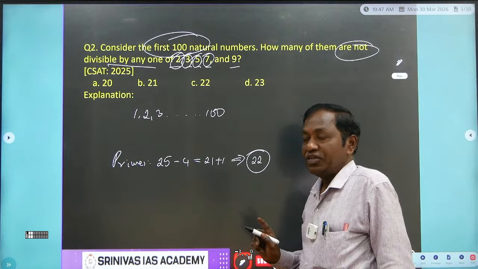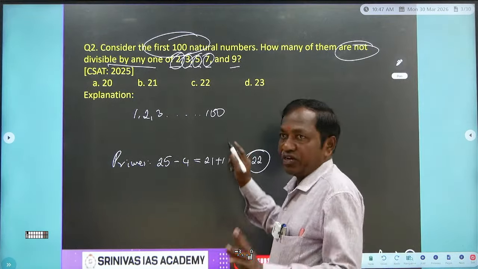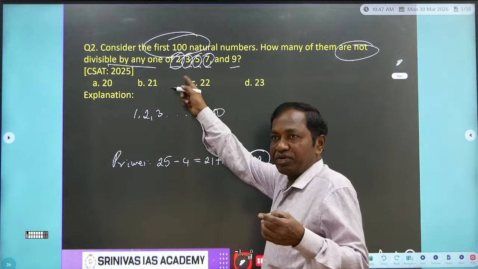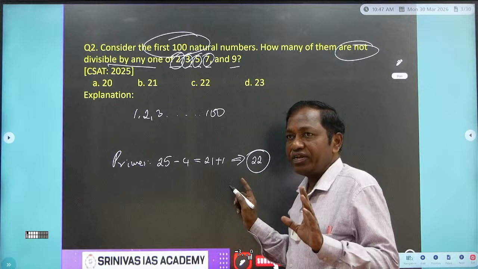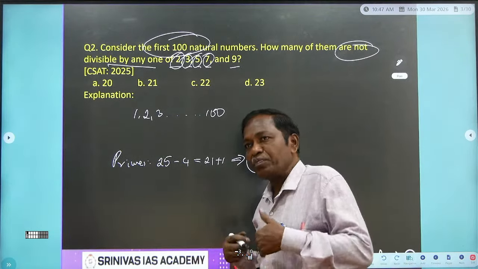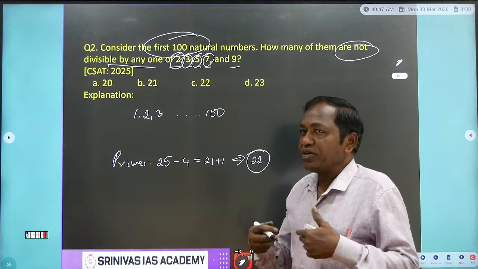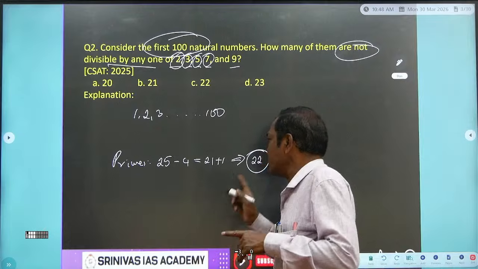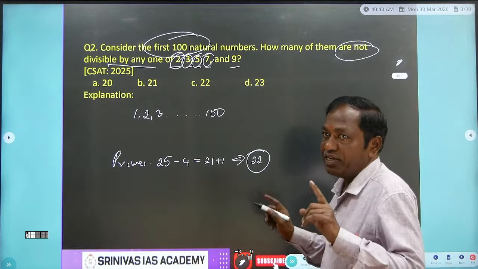So, very simple: there are 25 prime numbers, 4 numbers are already here, minus 4, 21. 1 also is included. When you talk about prime numbers, we don't talk about 1, we talk about 2 and onwards. So 21 plus 1, 22 is the right option.